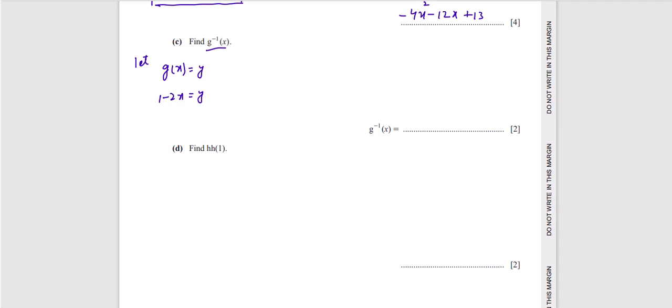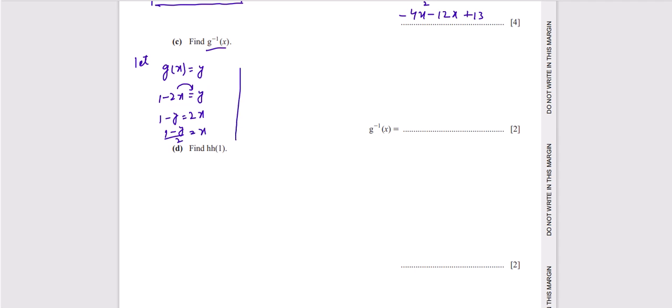We find the value of x. So x shifts to one side and y to the other side: 1 minus y is equal to 2x, divided by 2. 1 minus y divided by 2 is equal to x.